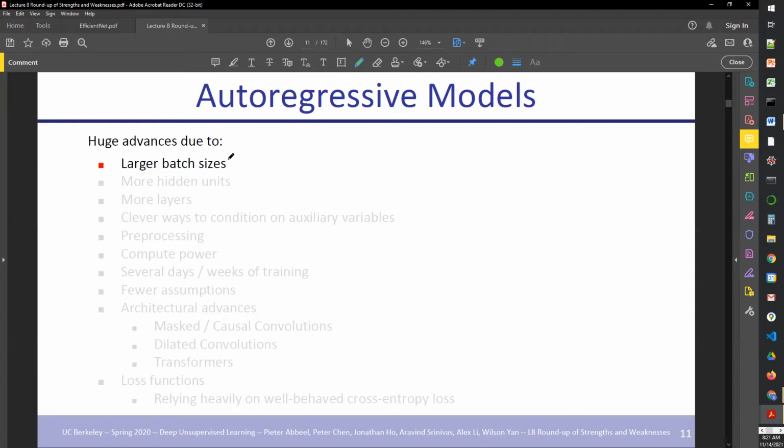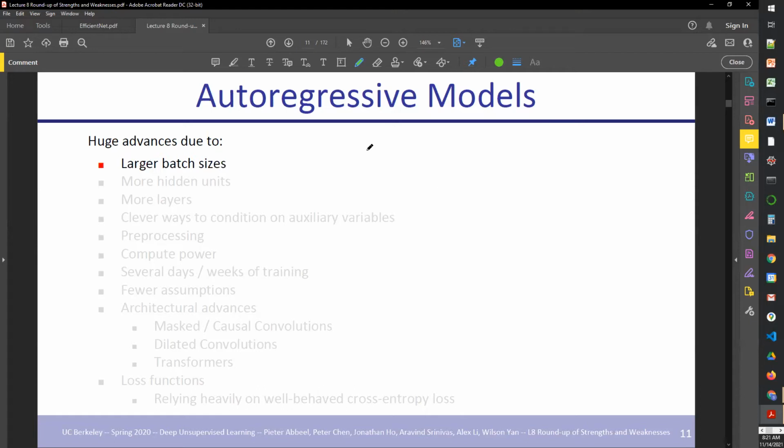Larger batch sizes have enabled more stable training and better optimization of the losses, and all of this is because of increased computing. GPU sizes have grown, the CPU memory sizes have grown, and so on and so forth.